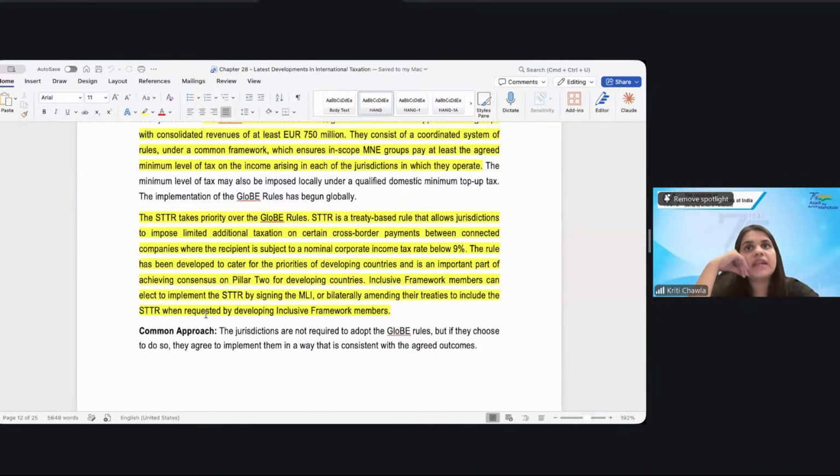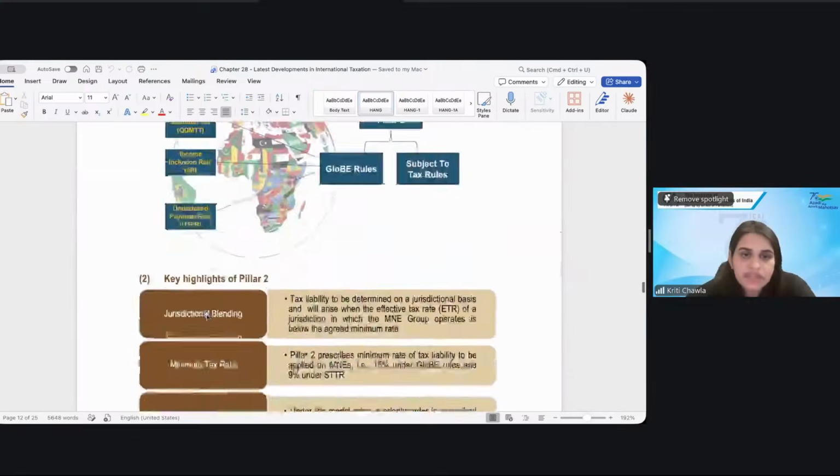How do they implement this STTR? Well, they can sign the MLI, as we mentioned, or they can bilaterally amend the tax treaties to include STTR when requested by developing Inclusive Framework members. So they can do either of these two things.